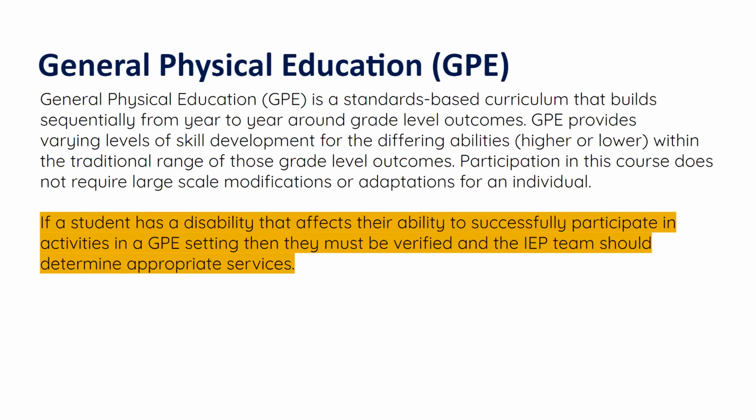We want to make sure that we put that in our IEP and that we discuss that at the IEP meeting. It is specifically stated as a component of a disability, and we need to make sure that we put that physical education abilities were considered and discussed, and the team chose to enroll the student in general physical education because they are able to ambulate effectively to participate with their peers.